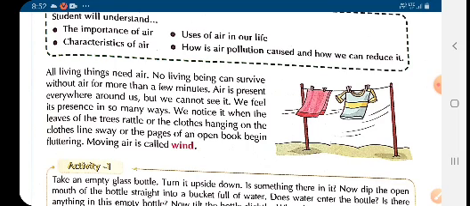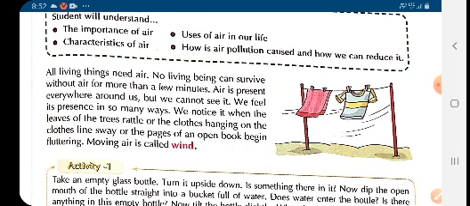Air we breathe. All living things need air. As I have told you, everybody, whether it is a human being, animal or plant, needs air. We breathe through our nose, and then this air goes to the lungs.